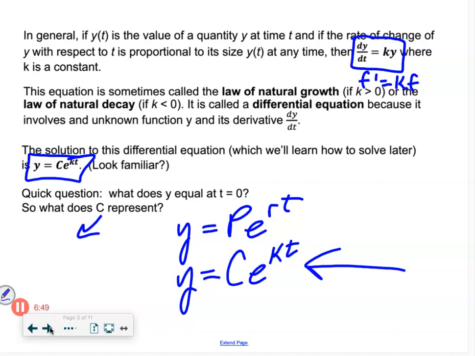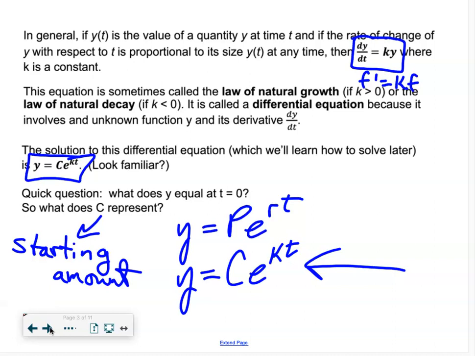C always represents your starting or initial amount. When you're using this model, C will always represent your initial amount that you start with.